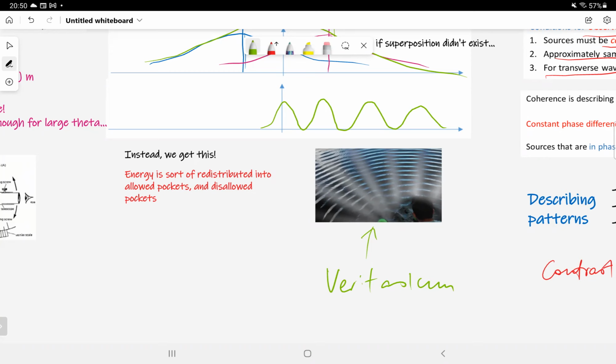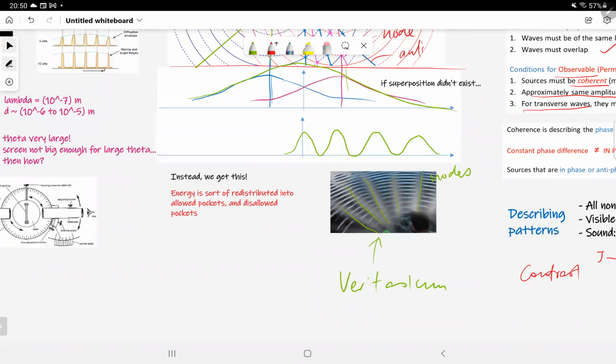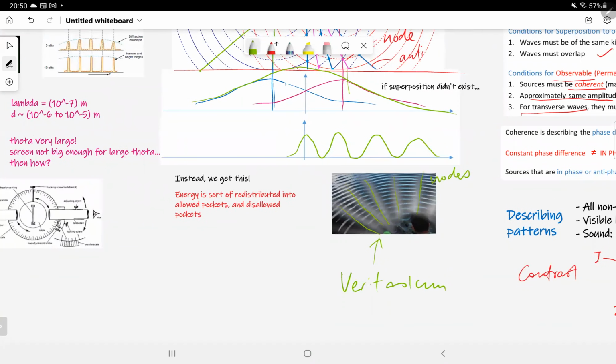There's only one set of pattern, because superposition is already taking place. Once they overlap, superposition takes place. You see, these are the nodal lines or anti-nodal lines. And the anti-nodal line is where you see the undulation, because crest meets crest, and the amplitude doubles.